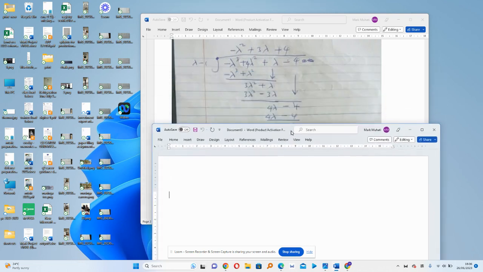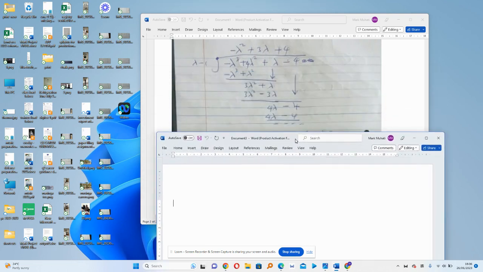So once you do the first one, the second and the third, in terms of subtractions, for example, for me to get lambda cubed, I must multiply lambda by negative lambda squared. So if I do that, I'll multiply this part and this part because I'm going to get here negative lambda cubed plus lambda squared.